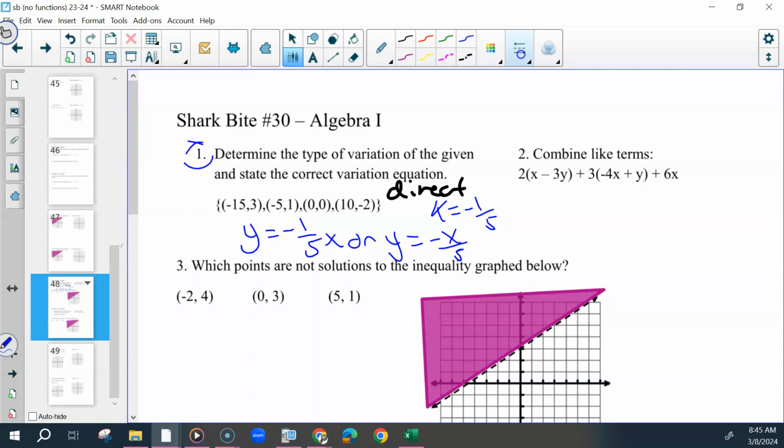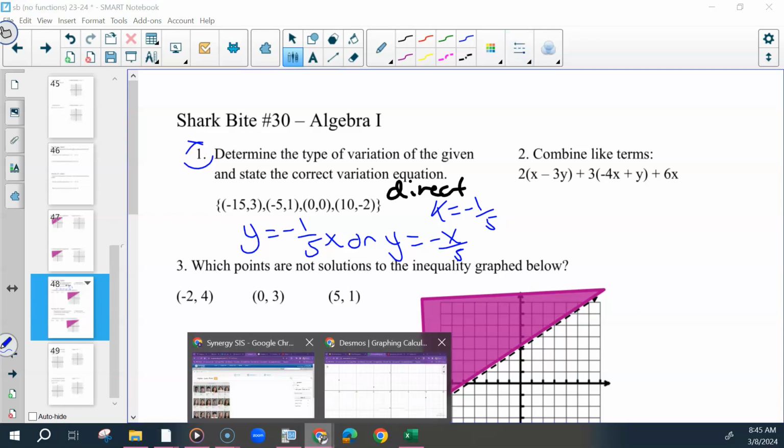Questions on that one? Great. Number 4, I'm also going to do that one in Desmos.